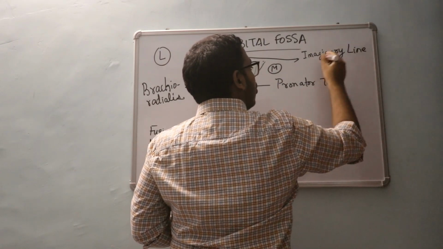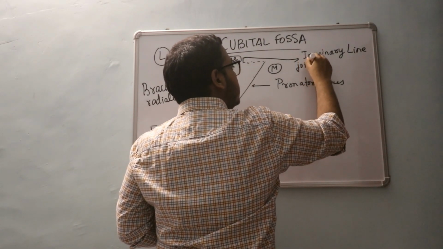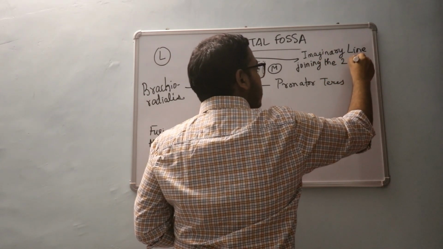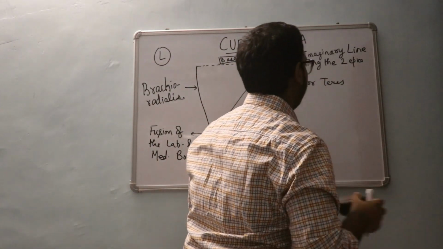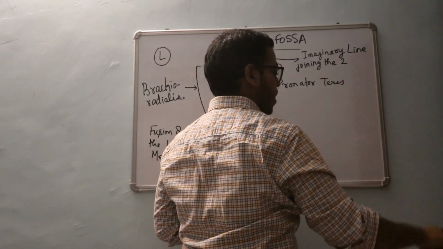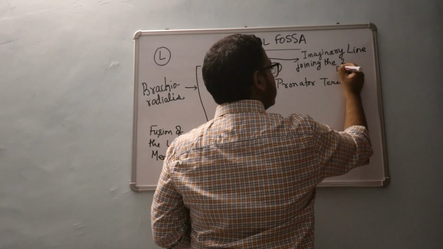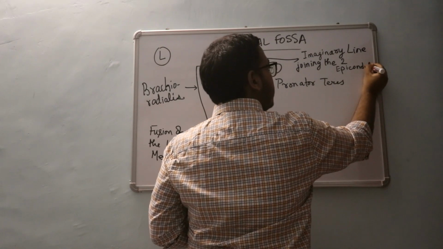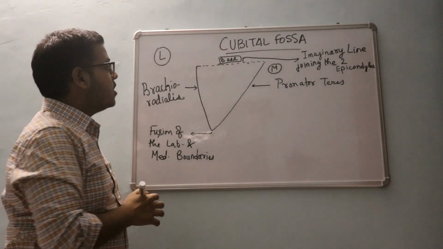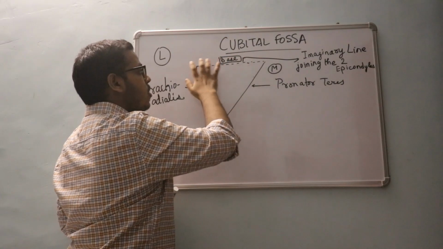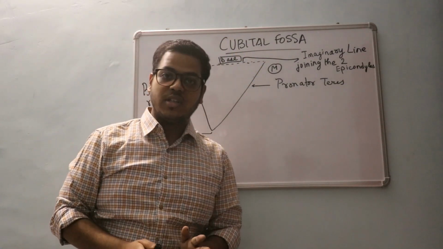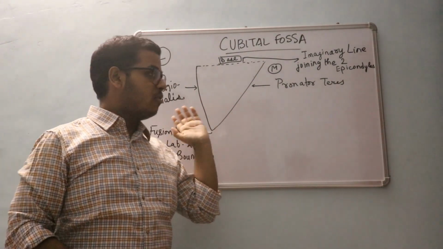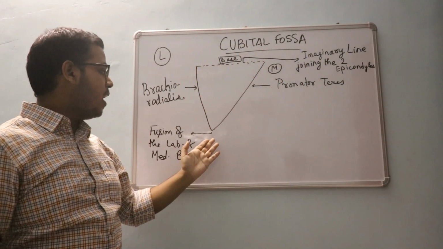It is an imaginary line that joins the two epicondyles, the lateral and the medial epicondyles of the humerus. So these are the boundaries of the cubital fossa: the lateral boundary, medial boundary, and the base, and this is the apex.